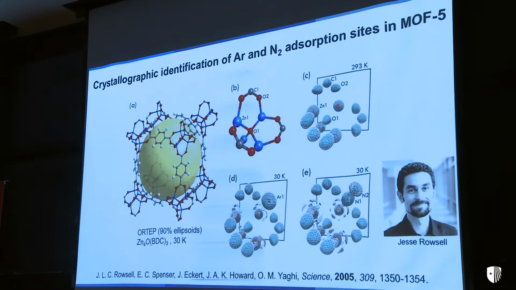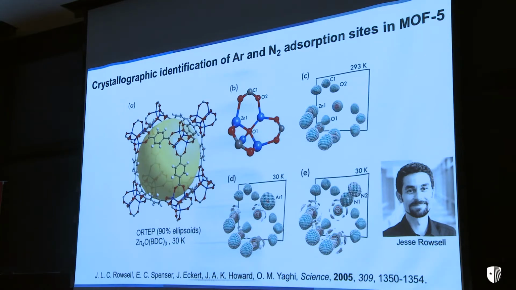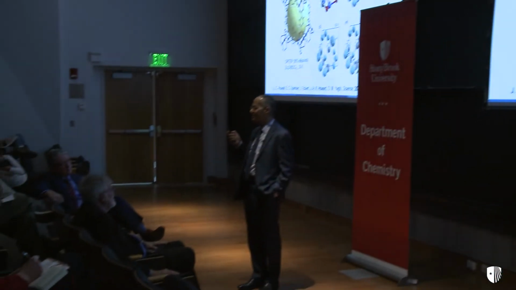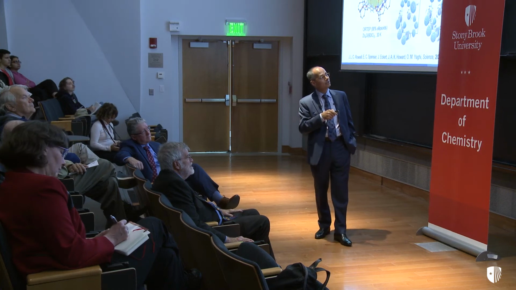I remember many years ago, when I showed the isotherms of MOFs and we did not have a crystal structure of the pores like this, Kim Dunbar was sitting in the front and she said, why can't you get a crystal structure of the framework? Well, that was an impossible experiment in those days, right? But we did, because these are amazing materials.